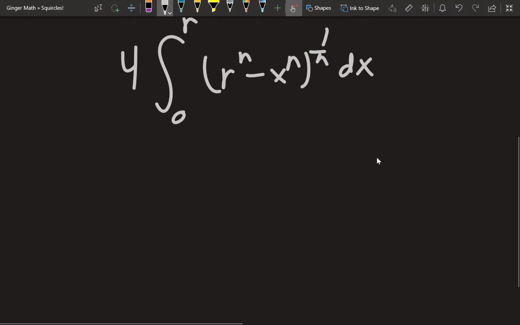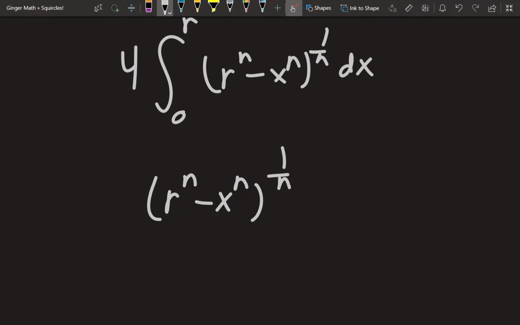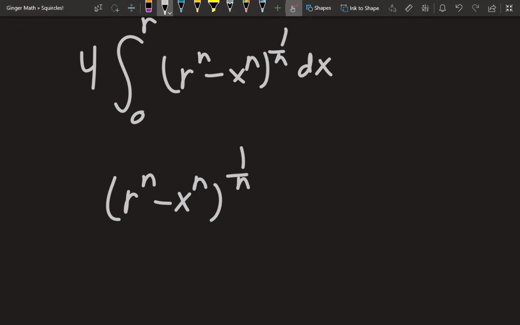Shouldn't be terrible. So, to begin with, I'm going to express our integrand by factoring an r out. You'll see why. It uses the beta function. This is the same thing as r times 1 minus x over r to the n, all to the 1 over n.